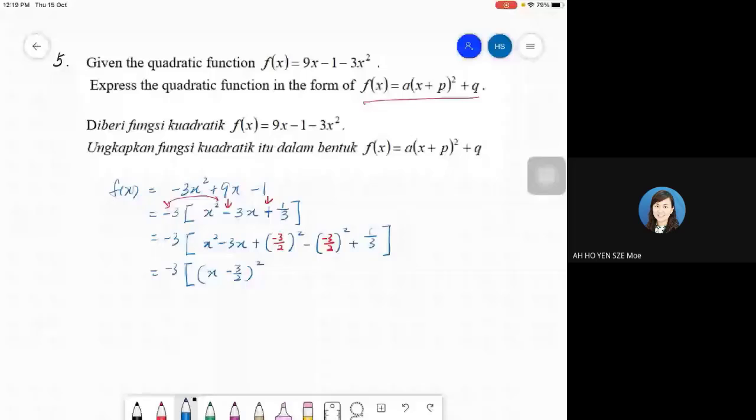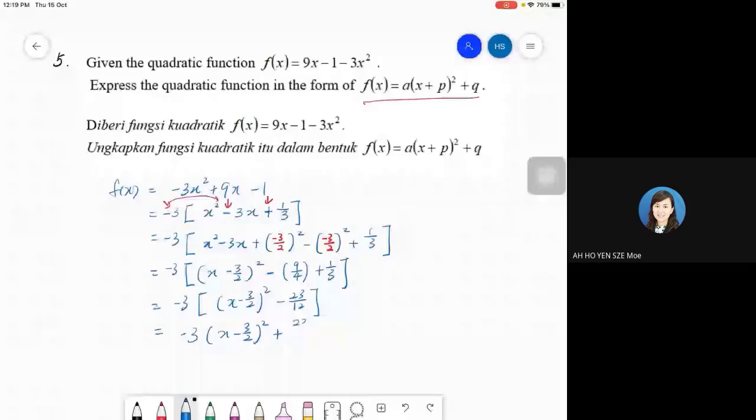Okay, yang belakang ingat sentiasa negatif, always negative behind. So becomes -(3/2)² = 9/4, plus 1/3. So guna kalkulator, tekanlah, selesaikan yang jawapan kat belakang. So kamu akan dapat -23/12.